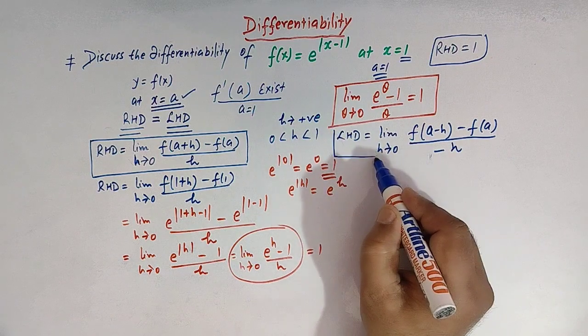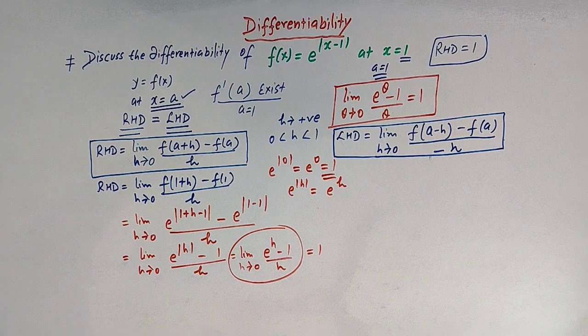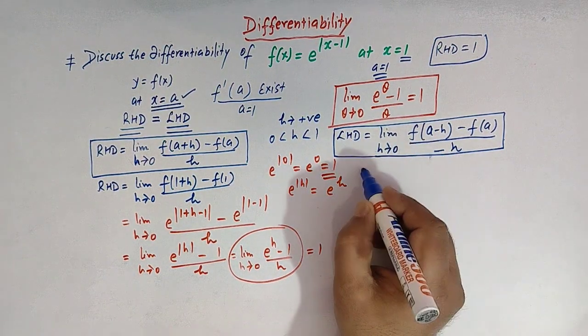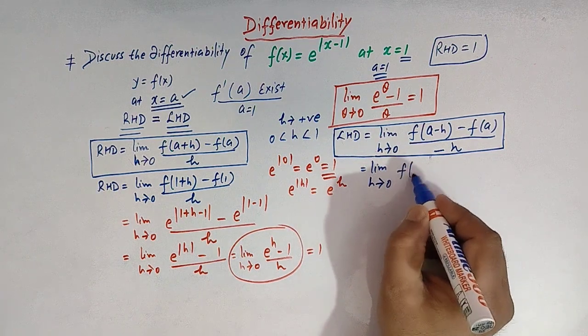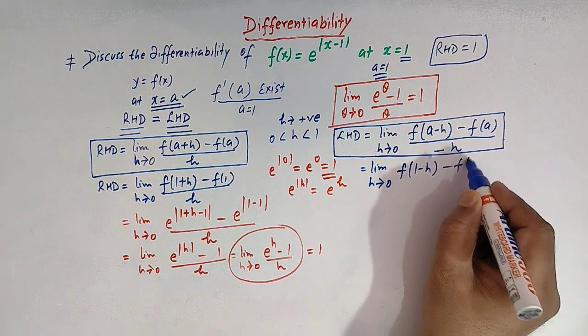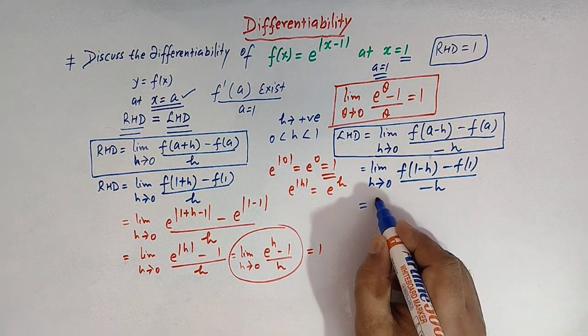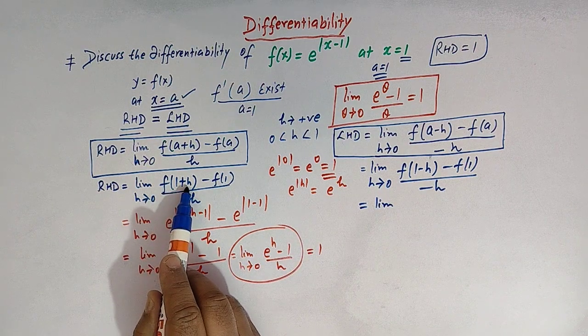This is the definition of left hand derivative. Now let us take a equals 1 here. So we have the limit as h tends to 0 of f of 1 minus h minus f of 1 divided by minus h.